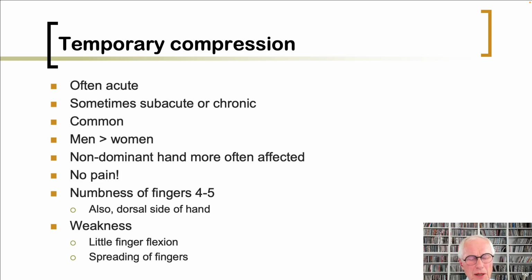The symptoms are quite clear-cut. Numbness of digits 4 and 5. Also the dorsal side of the hand is numb. There is weakness of the little finger flexion. The distal phalanx of digit 5 is weak in flexion. And when you spread and abduct, the abductor digiti minimi is weak as well.